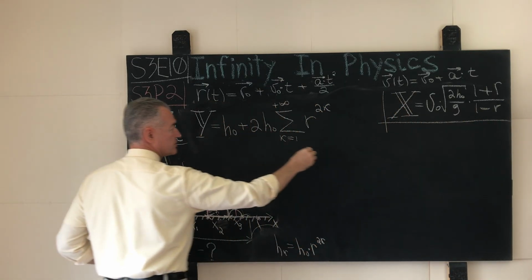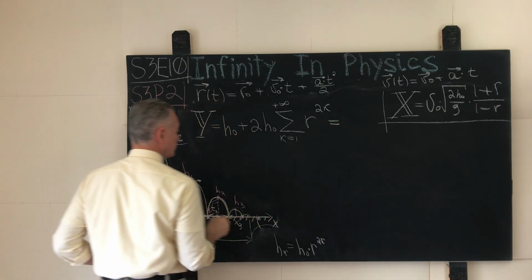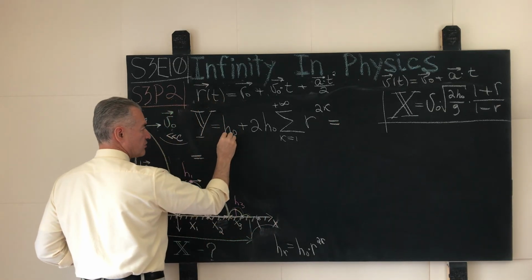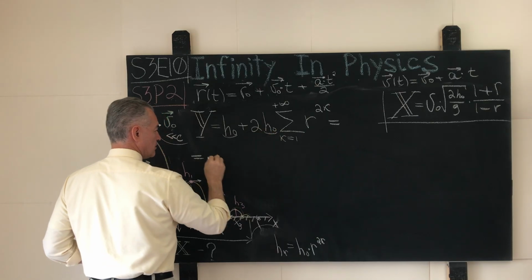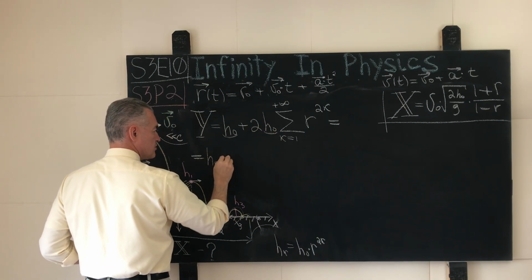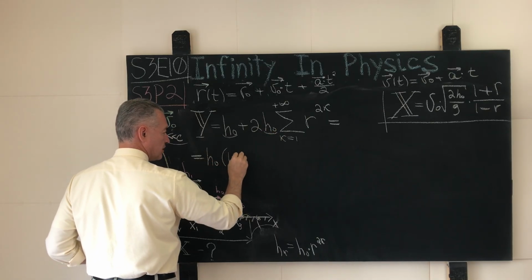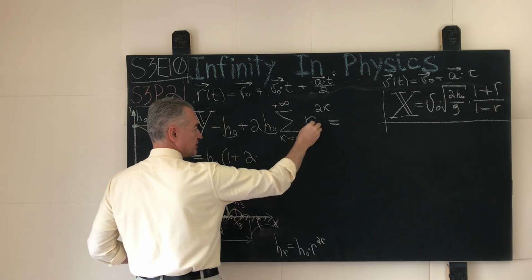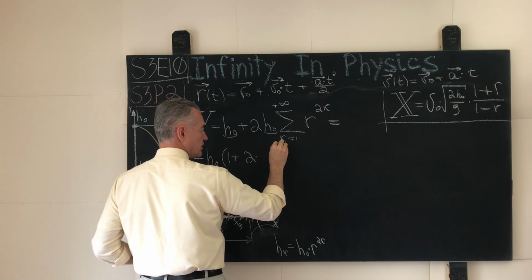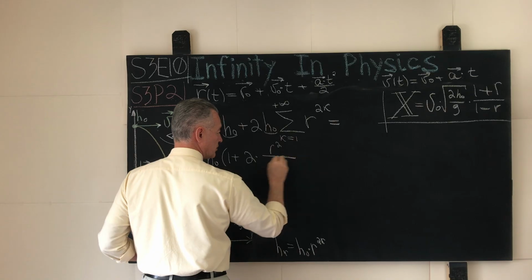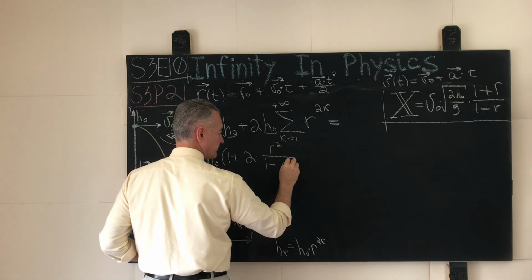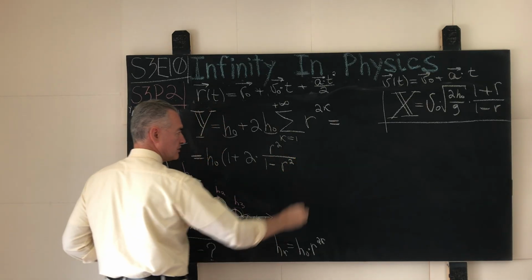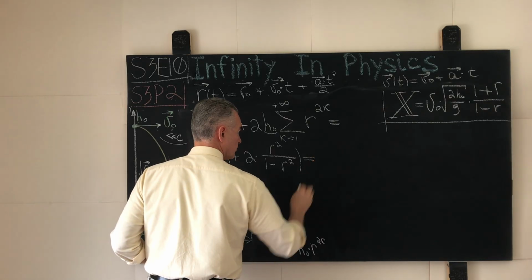And now with this sum, we also know how to deal with. We factor out the common term h0 and we get 1 plus 2 times, what is the sum? It will be r squared over 1 minus r squared. And then what does that mean?